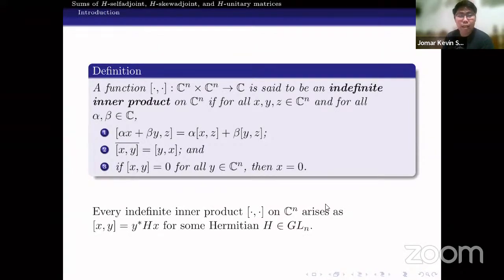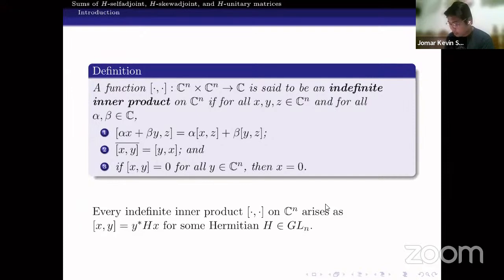Also, one can show that every indefinite inner product on Cn arises as y star Hx. Meaning, we can always find a Hermitian non-singular matrix H such that the indefinite inner product of x and y equals y star Hx.